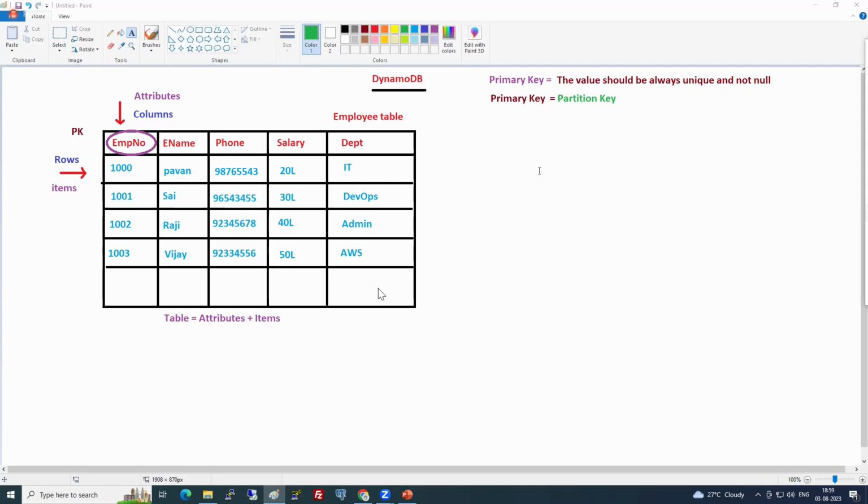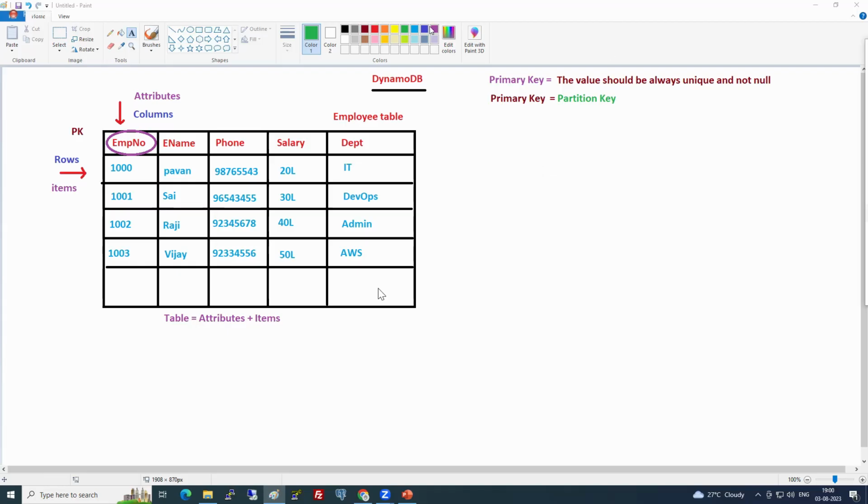I told you, it is flexible. While creating the table, you need to give only one column, and that column should be the primary key. And can we add the columns later? Yes. That is the concept of NoSQL.